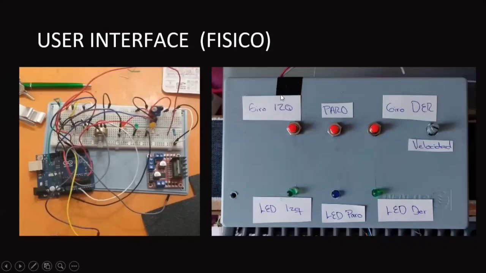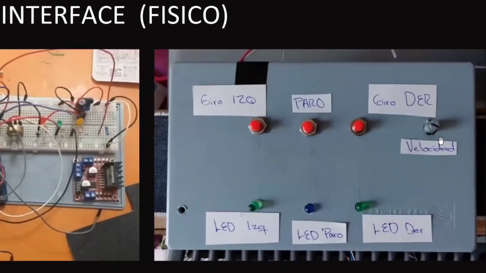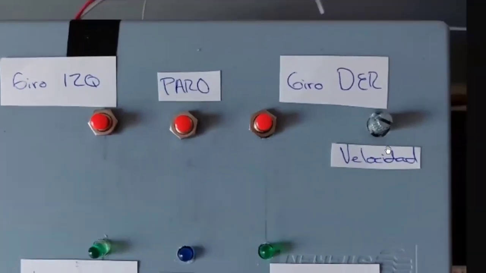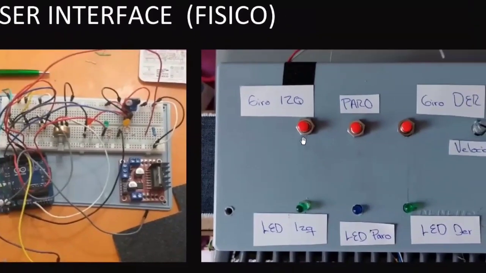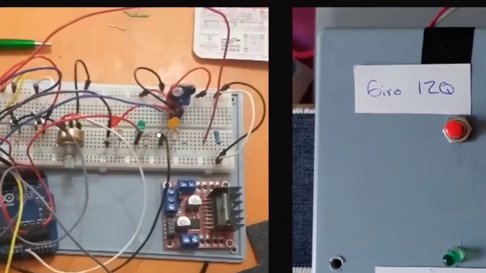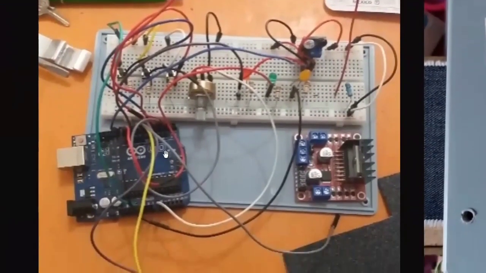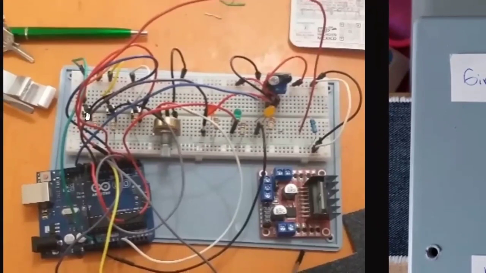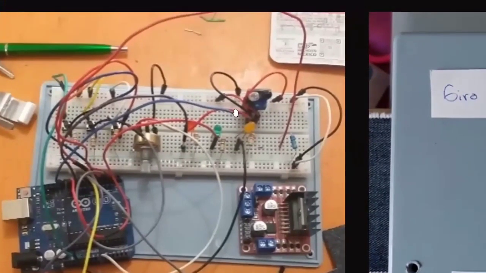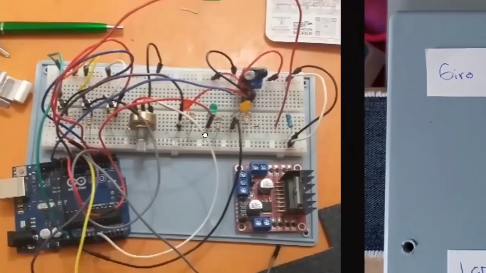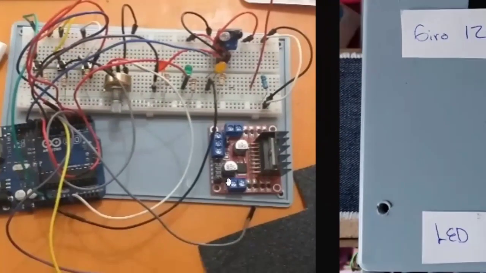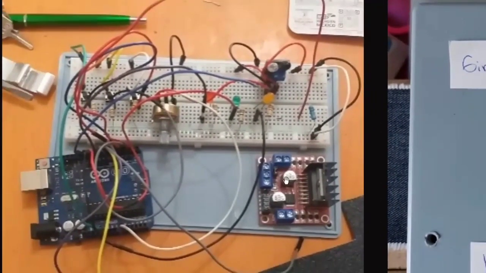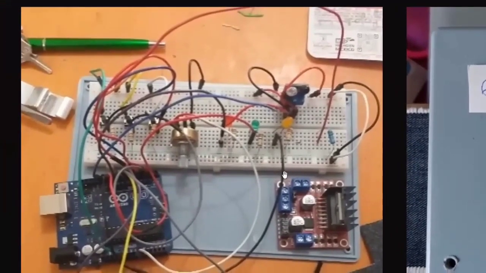We can control the left turn, the stop, the right turn, and here is the potentiometer that controls the velocity of the motor spin. Here we have our Arduino and our connections. Here is the sensor, the three LEDs, the potentiometer, and our driver.